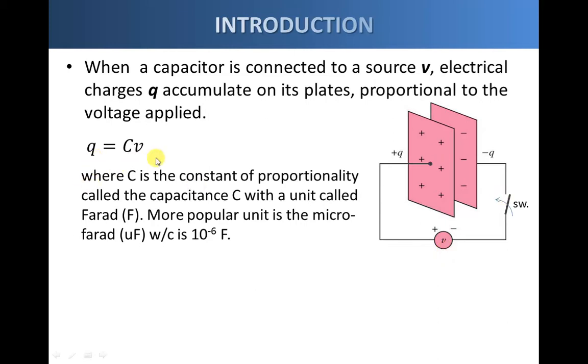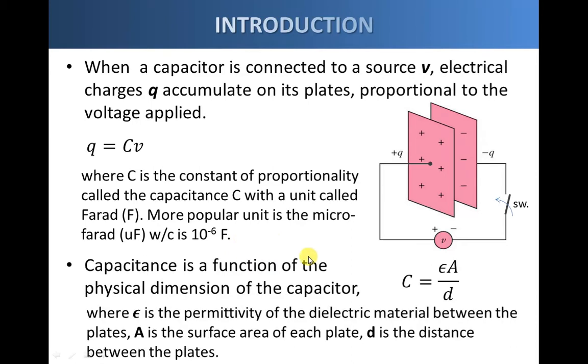Now, the constant of proportionality there, if we define the equation to be Q equals CV, C there is the capacitance of the capacitor, where it has a basic unit of farad. A smaller unit is sometimes used, and a more popular unit is the microfarad, or sometimes we have the picofarad or the nanofarad.